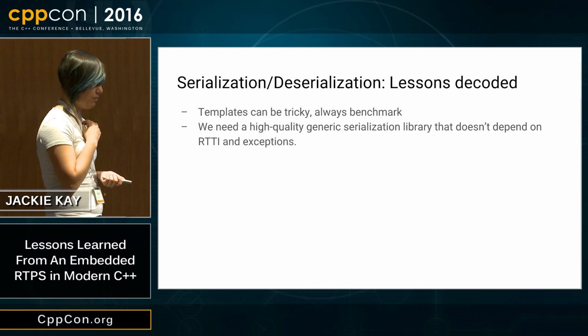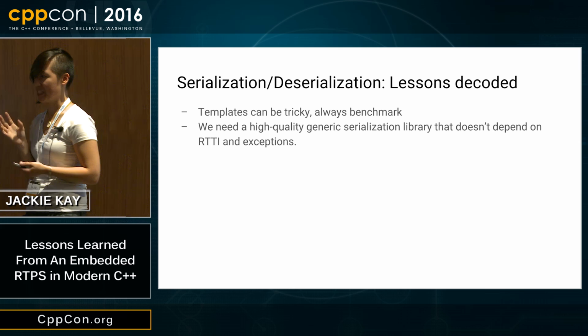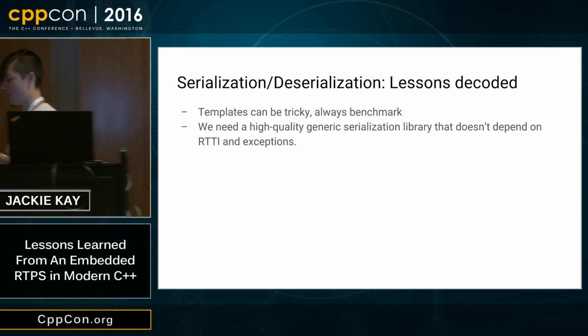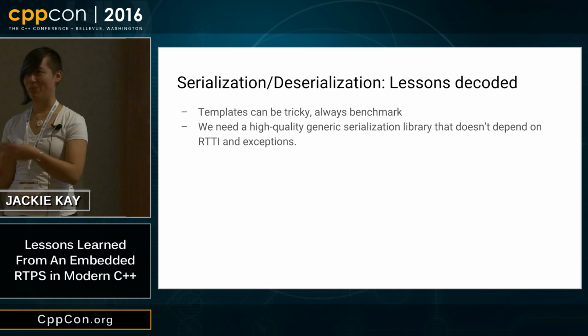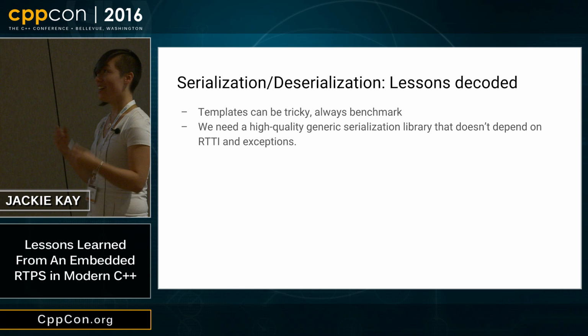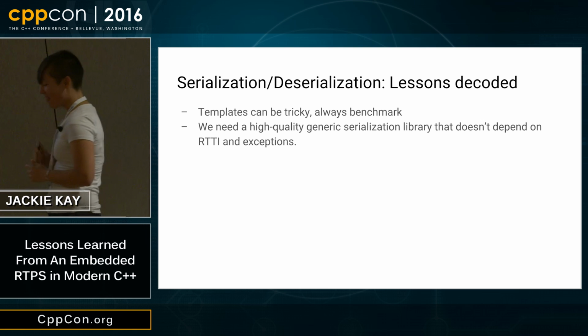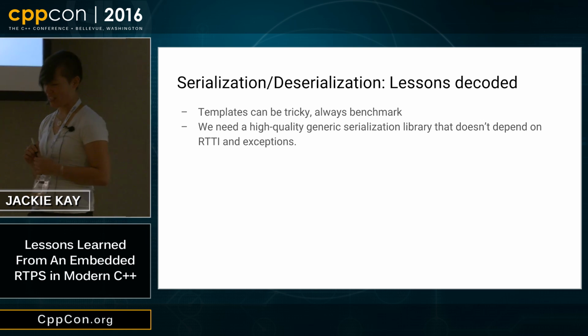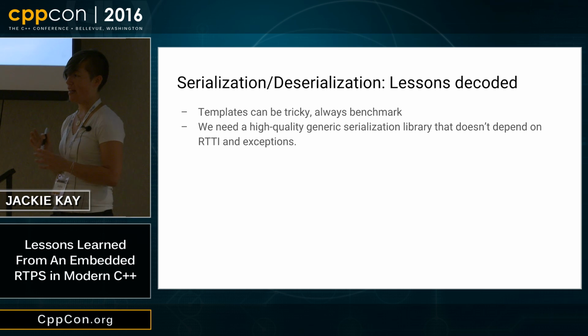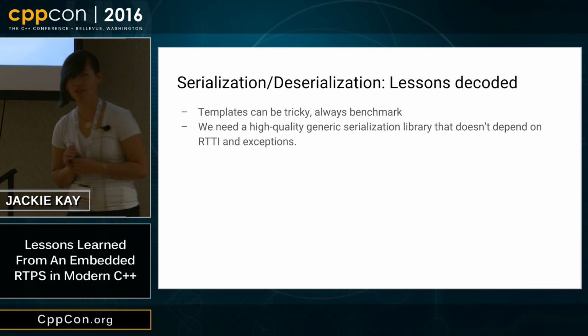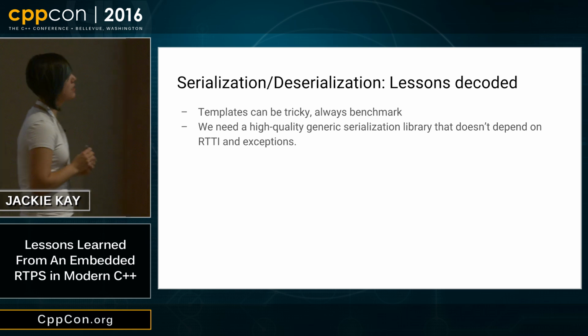What I actually ended up doing is writing my own CDR, which is the RTPS spec serialization format, another acronym. I wrote my own CDR deserialization format for this because Serial uses both RTTI and exceptions.